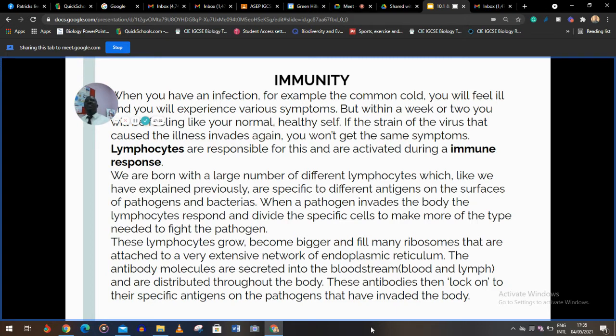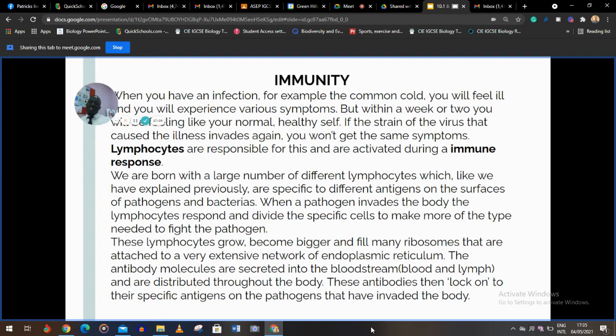So what happens in that process as you're becoming ill is that your lymphocytes are trying to learn the type of bacteria or pathogen that has attacked, copying the specific type of antigen on that pathogen, and trying to produce antibodies.